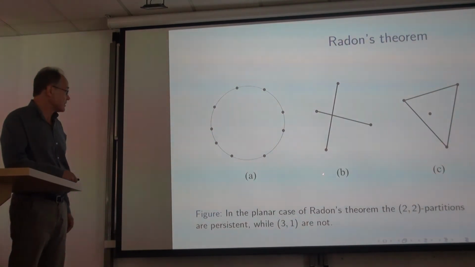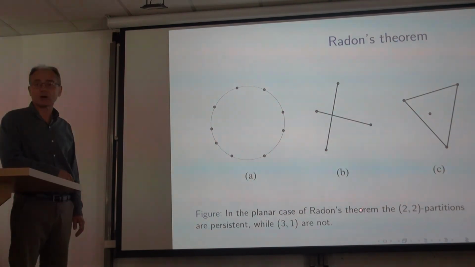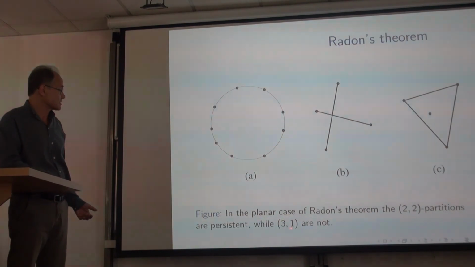So we will say that 2 points and 2 points partition is persistent, while this one is not. And here, it is really important that the difference between these two numbers is greater than 1. It is 3 minus 2.